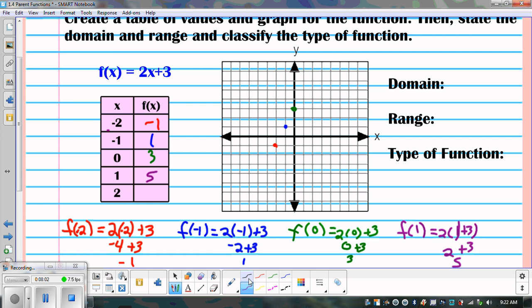And the last one that we do need to sub in is when f is 2. When the x is 2. So if I sub in a 2, since I ran out of space below, 2 times 2 is 4. 4 plus 3 is 7. So that would be the point 2, 7. Around 2 and then 1, 2, 3, 4, 5, 6, 7.